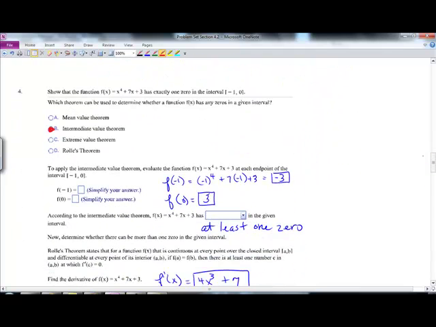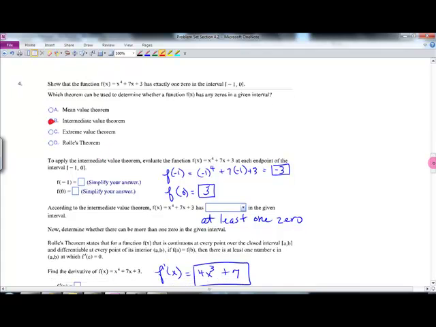Number 4. We're kind of doing some evaluation of our theorems here. Show that this function has exactly 1 zero in the interval -1 to 0. So what theorem could be used to do that? The intermediate value theorem. Okay, that's one that we should kind of remember.